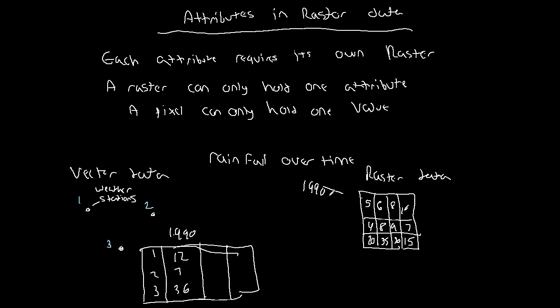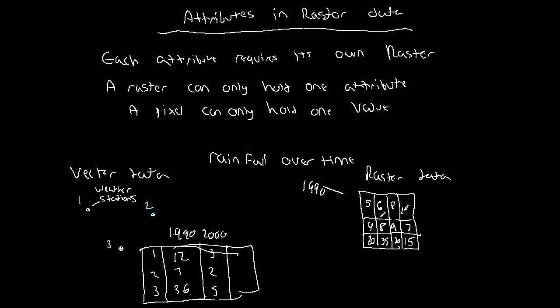So let's say we jump forward 10 years and we're at the year 2000, and we want to measure rain again. What happens to the vector data? All we have to do is add a new column into the attribute table and say maybe it was a dry year. So 3, 2, 5. What about raster data? Well, we can't overwrite these.